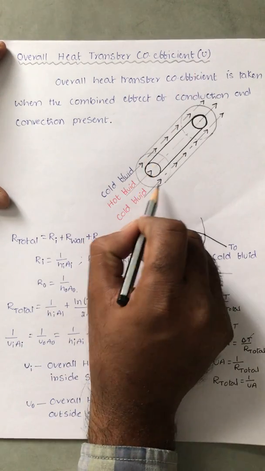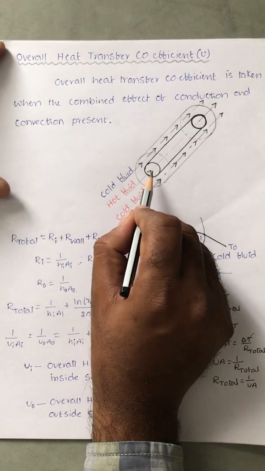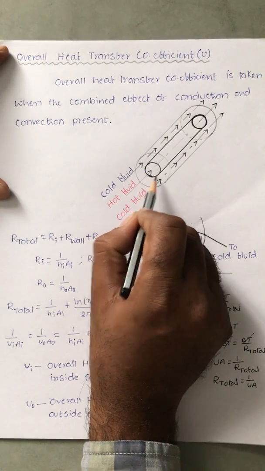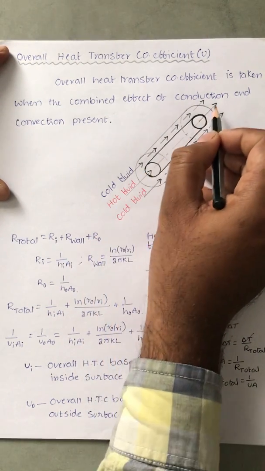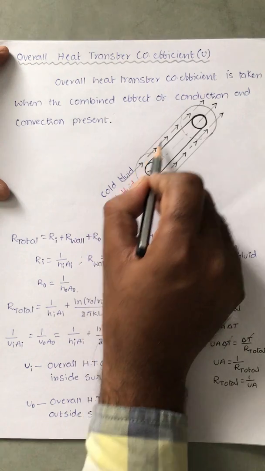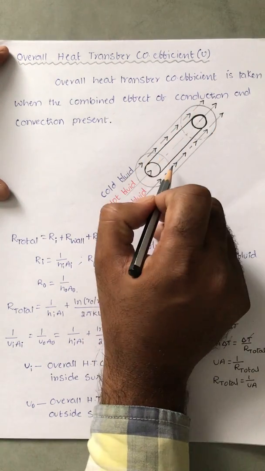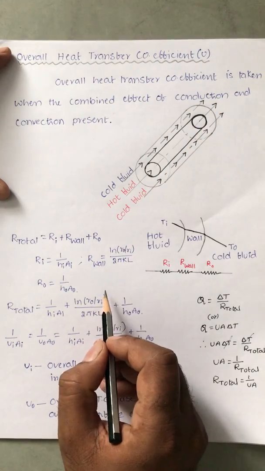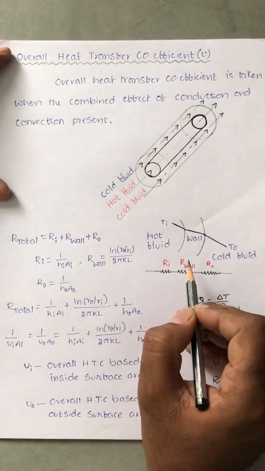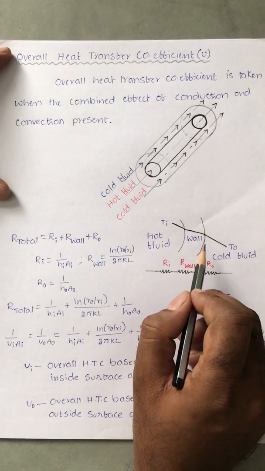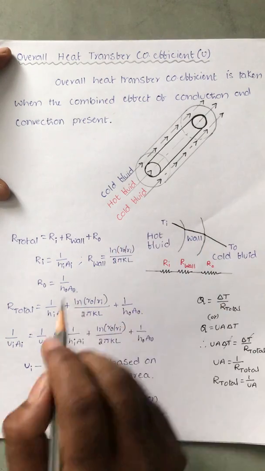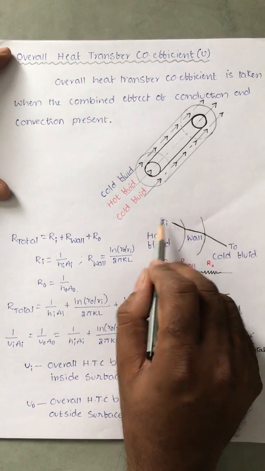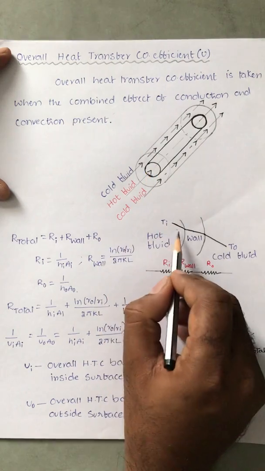For example, let us consider a double pipe heat exchanger. In the smaller diameter pipe, hot fluid is flowing, and in the larger pipe, cold fluid is flowing. Of course, it is a parallel arrangement; both fluids are moving in the same direction. If I draw the electrical analogy for thermal resistance, this is the hot fluid.